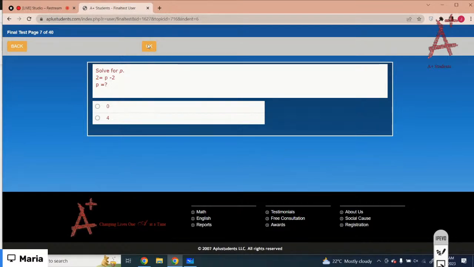Okay, solve for p. You have to find the value of p from this equation. So on this side you have p minus 2. Got it? So you have to do the reverse operations. You have to remove that negative 2. To remove that negative 2, you have to add 2 to both sides, because opposite to subtraction is addition.